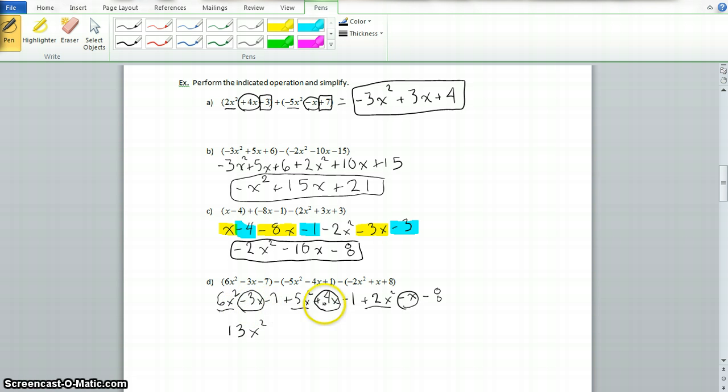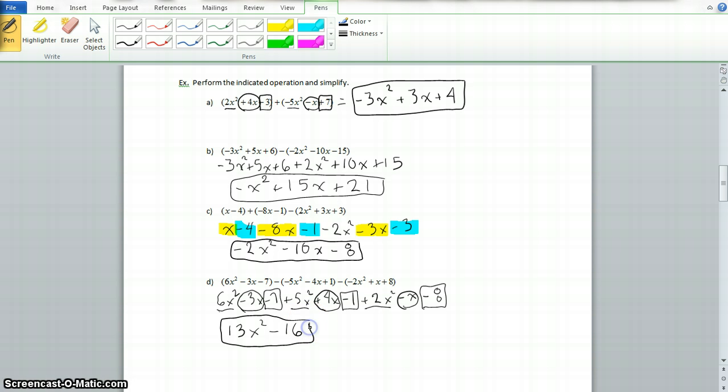A negative 3x plus 4x gives me x minus x. So my x terms canceled out. And let's do the constants, and we'll be all set. A negative 7 minus 1 is a negative 8. Minus 8 more is a negative 16. Okay, this is our answer for the last one.